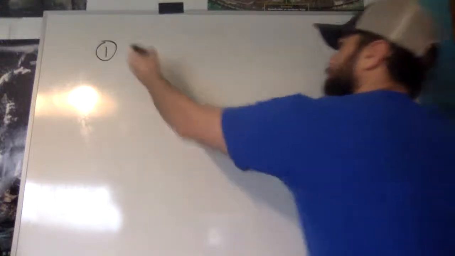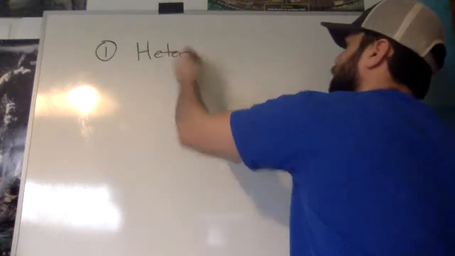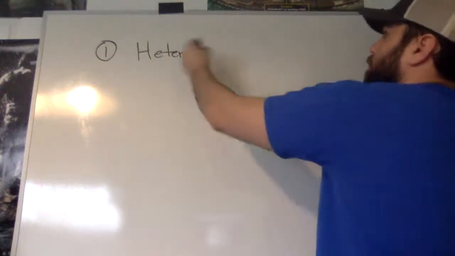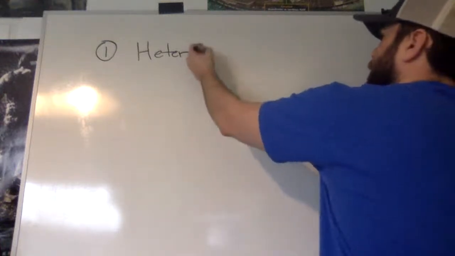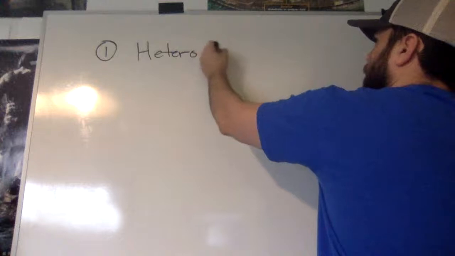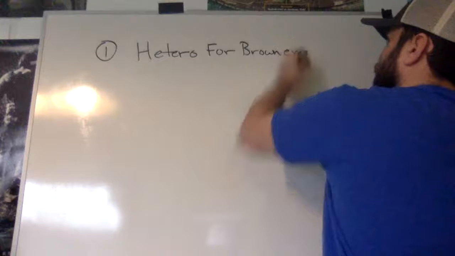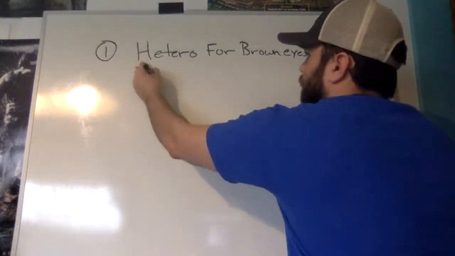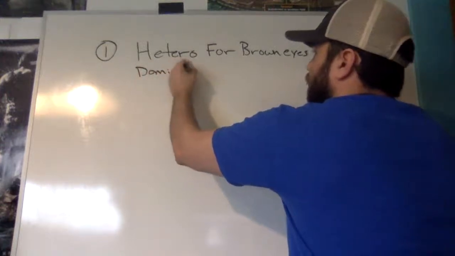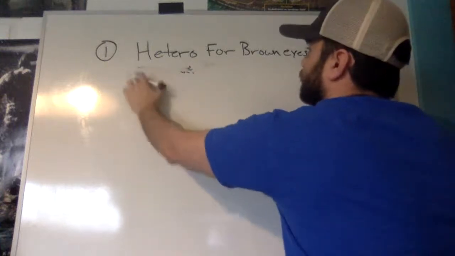I'm going to say one of your parents, okay? We're going to say hetero for brown eyes and, let's do this one.